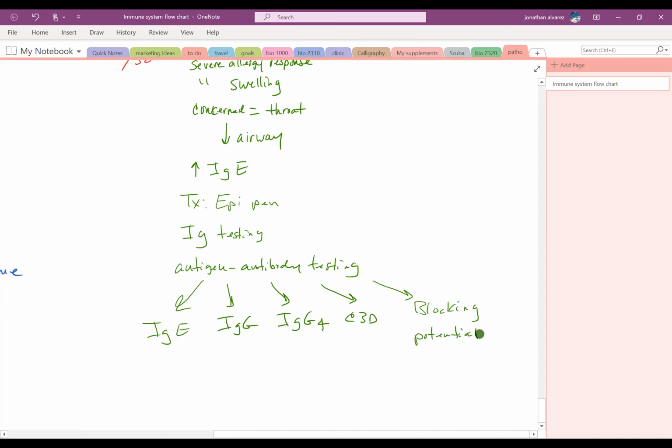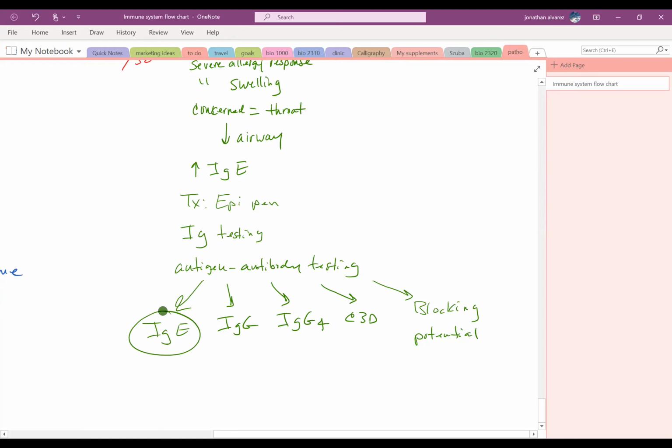All right, so that gets into some other topics we're not going to really talk about right now because that gets very detailed. But the quick version is you can test a person to see what their body is allergic to and or sensitive to, and this one is the main one.